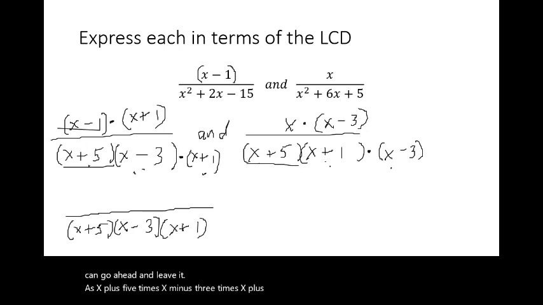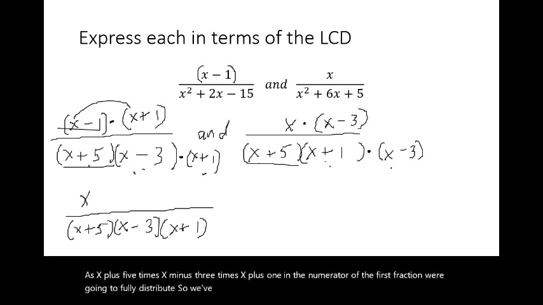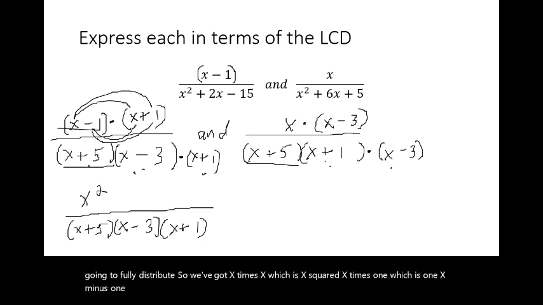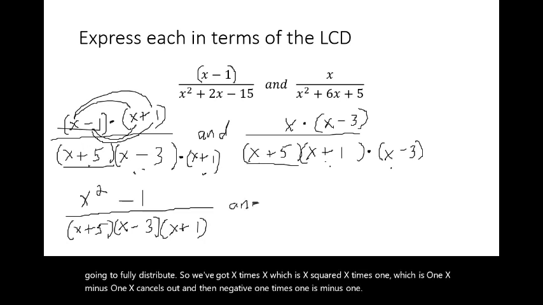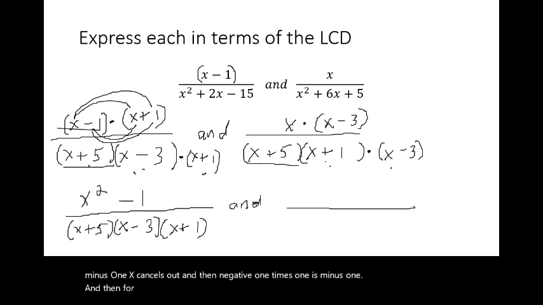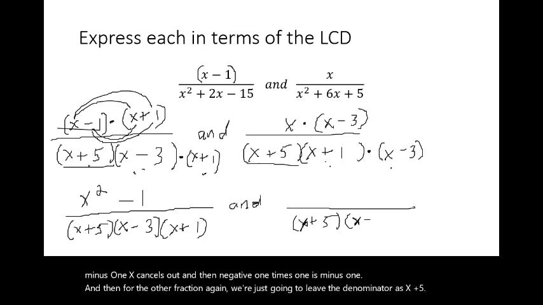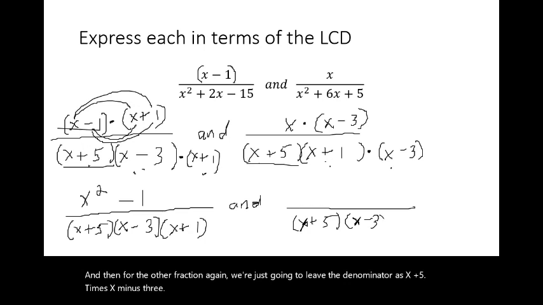And in the numerator of the first fraction, we're going to fully distribute. So we've got x times x, which is x squared. X times 1, which is 1x, minus 1x, cancels out. And then negative 1 times 1 is minus 1. And then for the other fraction, again, we're just going to leave the denominator as x plus 5 times x minus 3 times x plus 1.